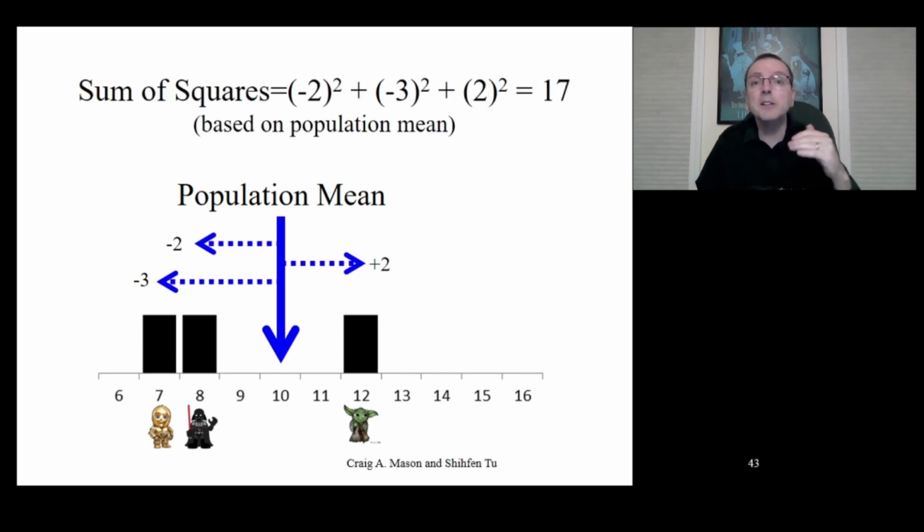That works out to a sum of squares from the population mean of 17. Notice that our sum of squares based on the sample mean was smaller than when we used the true population mean. And it will always be smaller unless x bar and mu are exactly the same. But even if they're just slightly different, the sum of squares based on our sample will be smaller than the sum of squares if we actually knew the true population average.